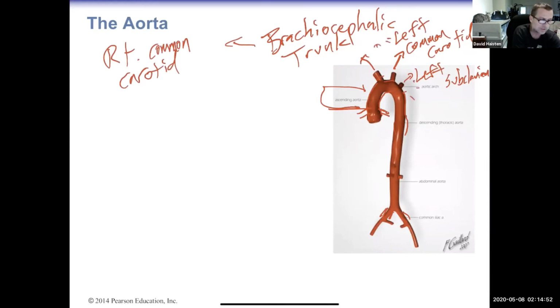Left common carotid and left subclavian. The brachiocephalic splits into the right common carotid and the right subclavian. All this brachiocephalic trunk is like a fusion of those carotid and subclavian for the right side, and then it splits. Some people are different, and this is the usual pattern for most people.